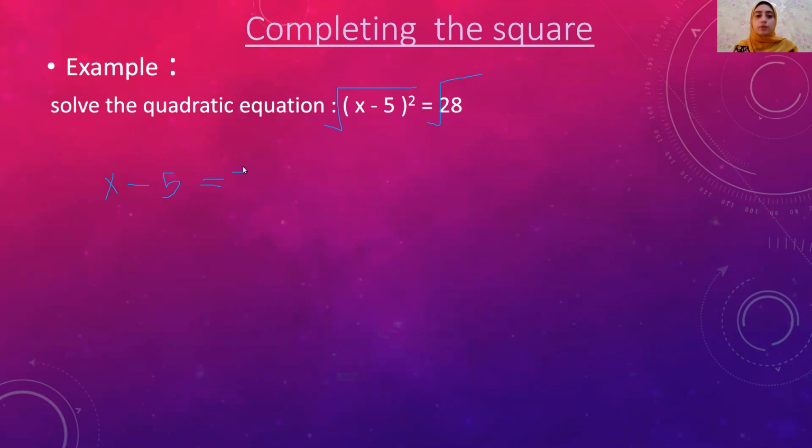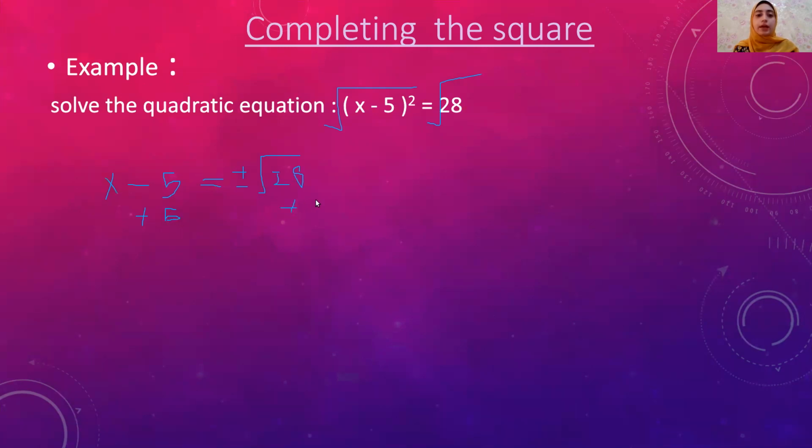It is positive or negative. Don't miss that. 28. Okay? Now, to solve this for x, we can just add 5 to both sides. We would add 5 to both sides.